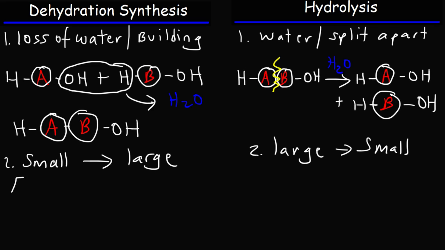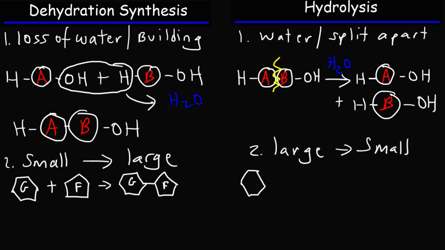So another example would be combining glucose and fructose, two monosaccharides, and turn it into a larger molecule called sucrose, which is a disaccharide. So that's an example of a dehydration synthesis reaction. The reverse would be hydrolysis.